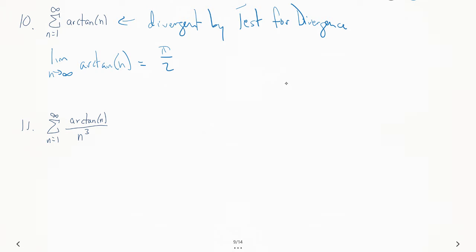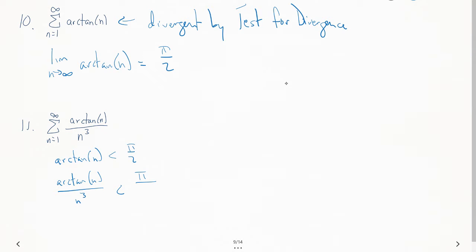And now in this next one though, the limit as n goes to infinity does go to 0 because you have the n cubed down below. But we do have the arctangent of n for n equals 1 and higher. It's going to be positive, and this thing is going to be less than pi over 2. And that's quite nice because that means arctangent of n over n cubed is less than pi over 2n cubed.